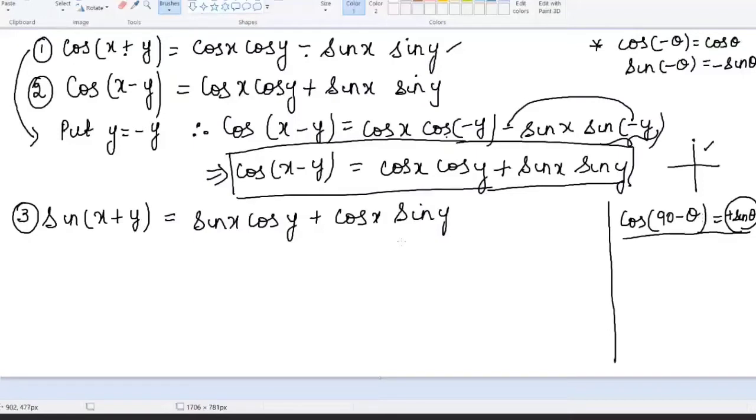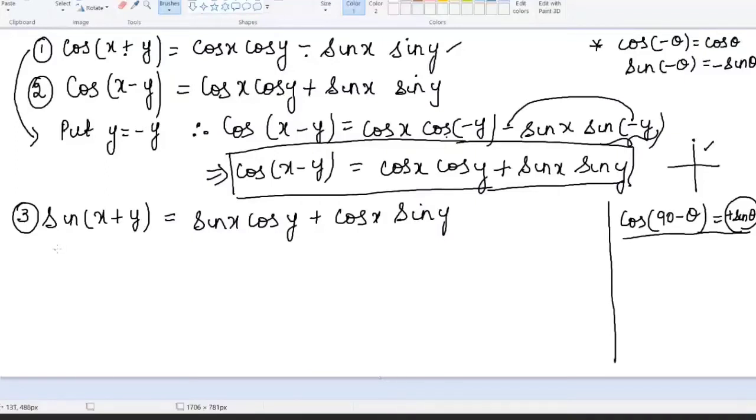This proof is not asked, but I'm going to explain how to get it. Just understand how we got that formula, because later you should not say that ma'am is telling us just to remember the formulas. No, understand how to do it.